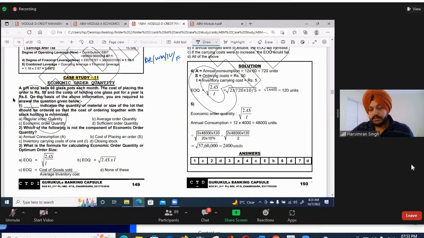Now what happens is, there are 2 things. He can order all the stuff at once, put the entire stuff in his storage, and keep on selling it slowly every month.